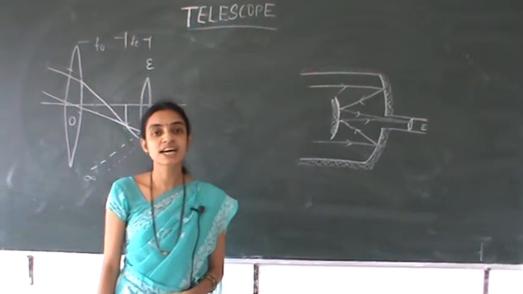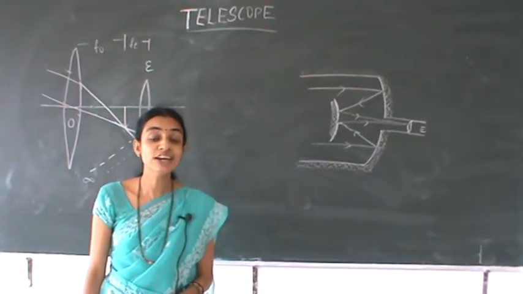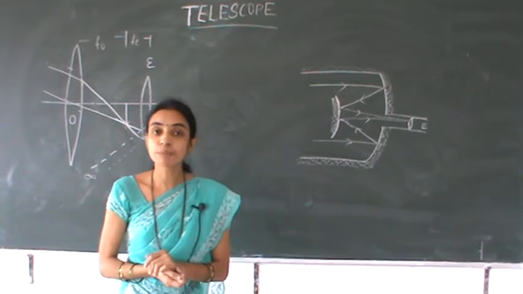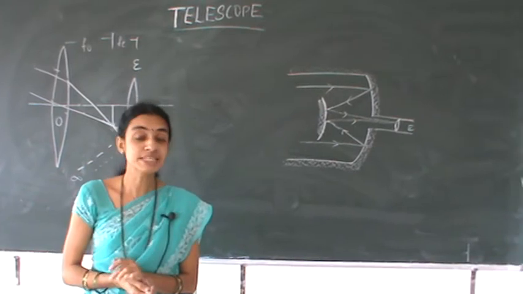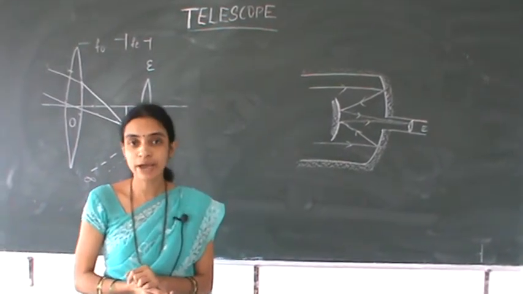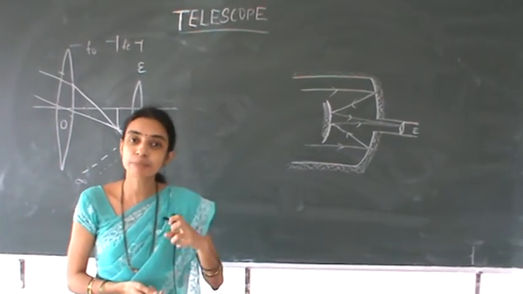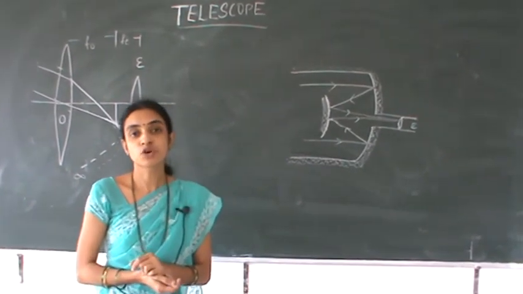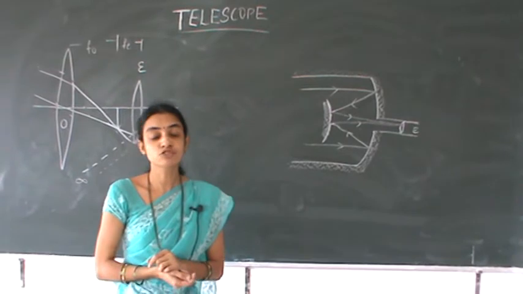In the previous class, we studied one of the optical instruments, the microscope: the simple microscope and the compound microscope. We use the simple microscope just to see the magnified image of microscopic things.